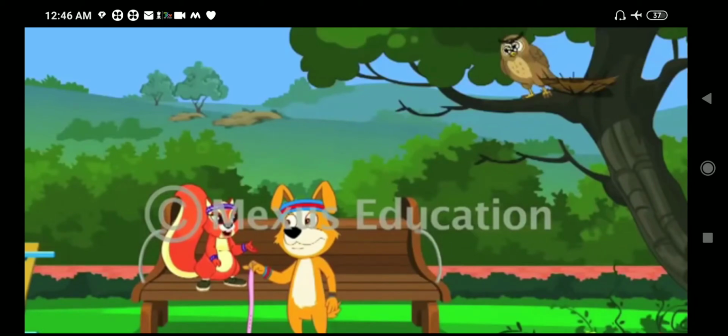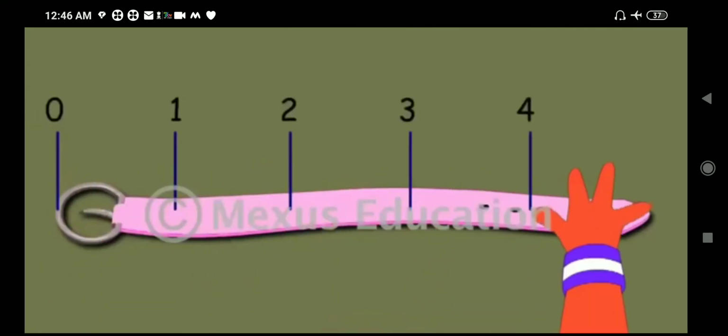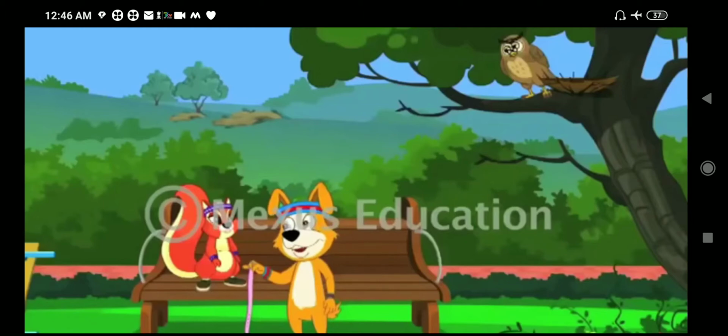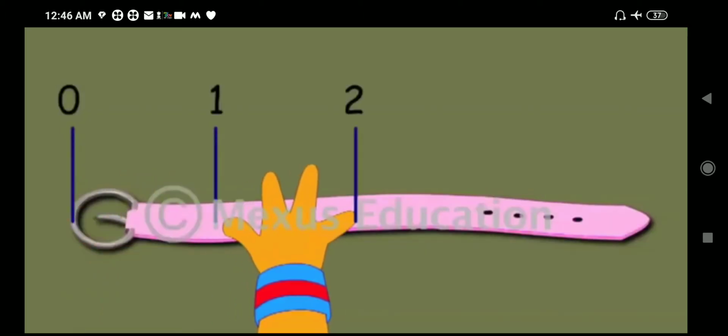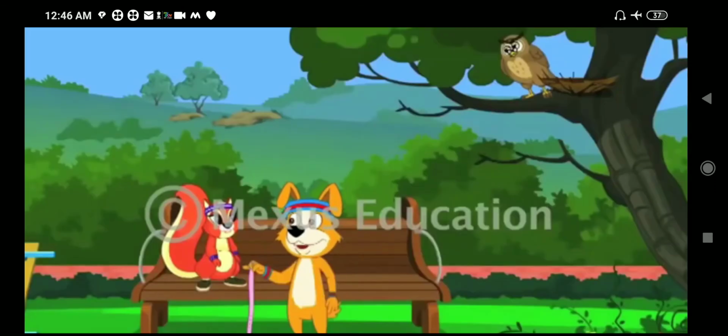You always say that your collar measures 5 handspans. I measured handspans and got this. Look. Let me measure it. See? It is shorter. It's just 4 handspans.